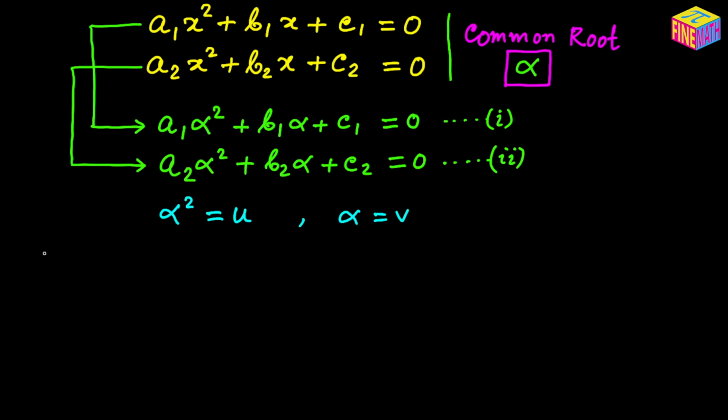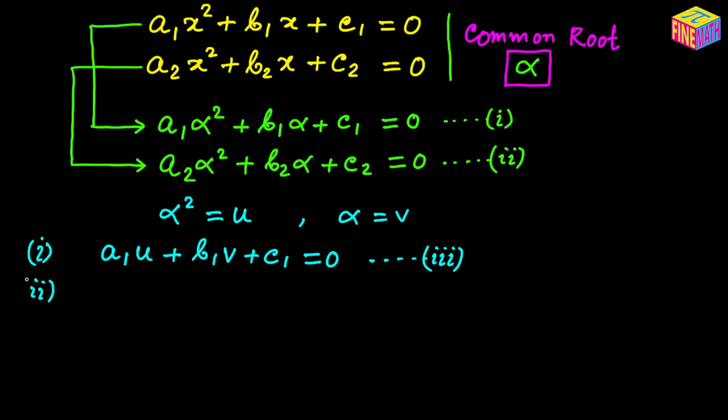From equation number 1, we are going to get a sub 1 times u plus b sub 1 times v plus c sub 1 is equal to 0. And let's say this is our equation number 3. And similarly, from equation number 2, we can say that a sub 2 times u plus b sub 2 times v plus c sub 2 is equal to 0. And let's say this is our equation number 4.